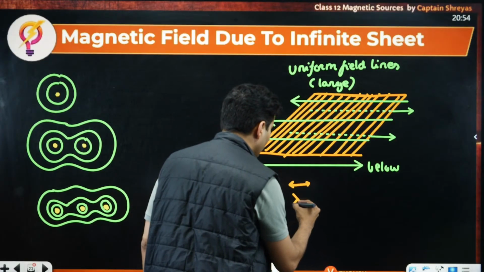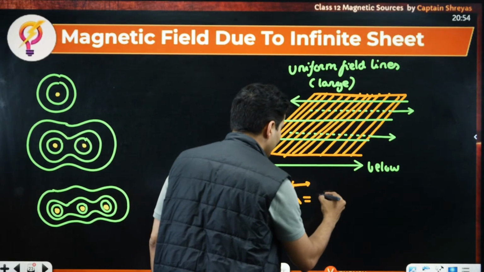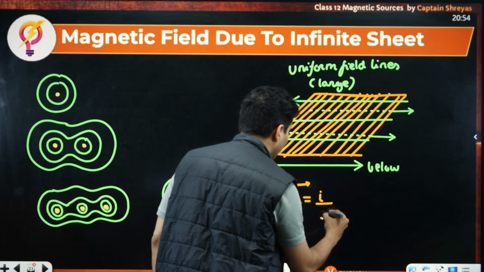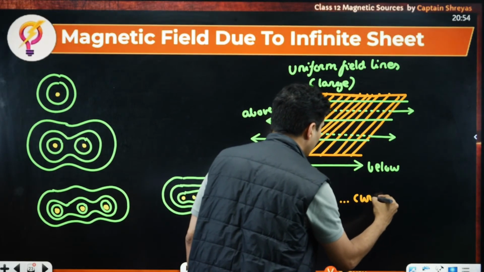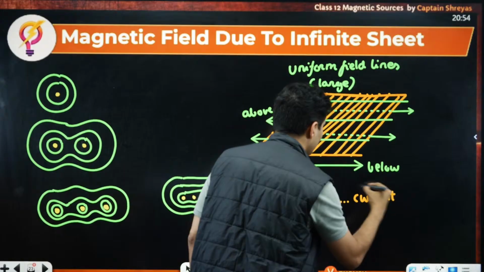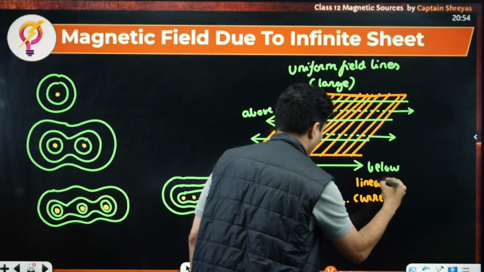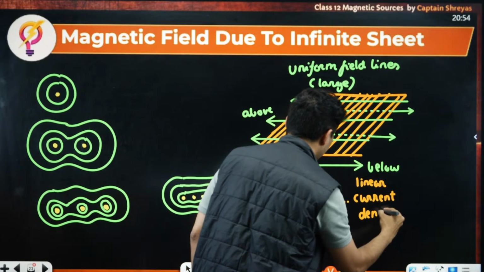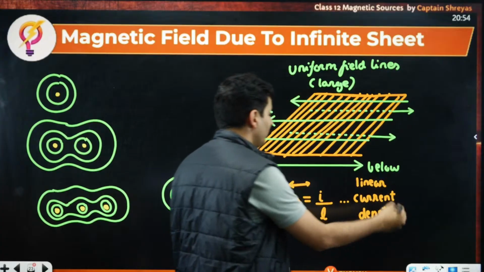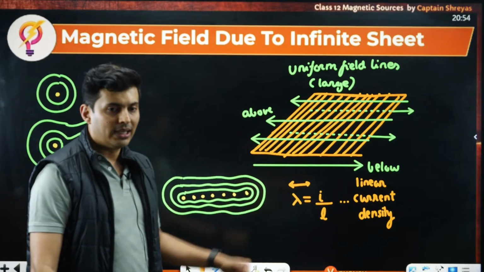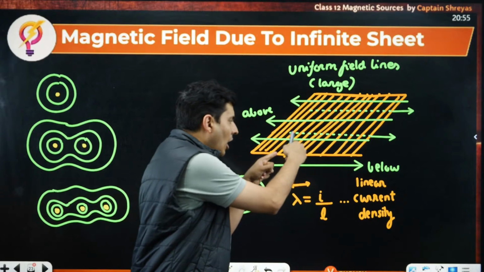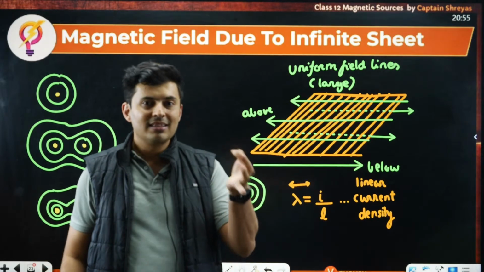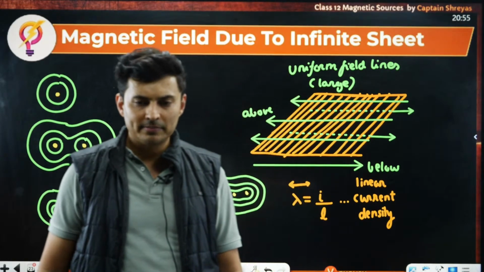So we have a term called lambda, which is the current flowing per unit length. This is called the linear current density, not the usual density which is per area. This is linear, per unit length. Amperes per meter. In a meter, how many amperes are flowing? That is lambda. Sometimes they give K.